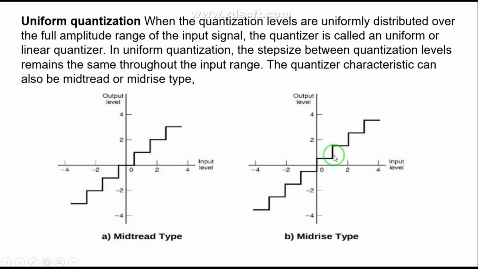Whereas in the other figure, the origin lies in the middle of the rising part of the staircase graph, so that's why it is called mid-rise type. Understood?